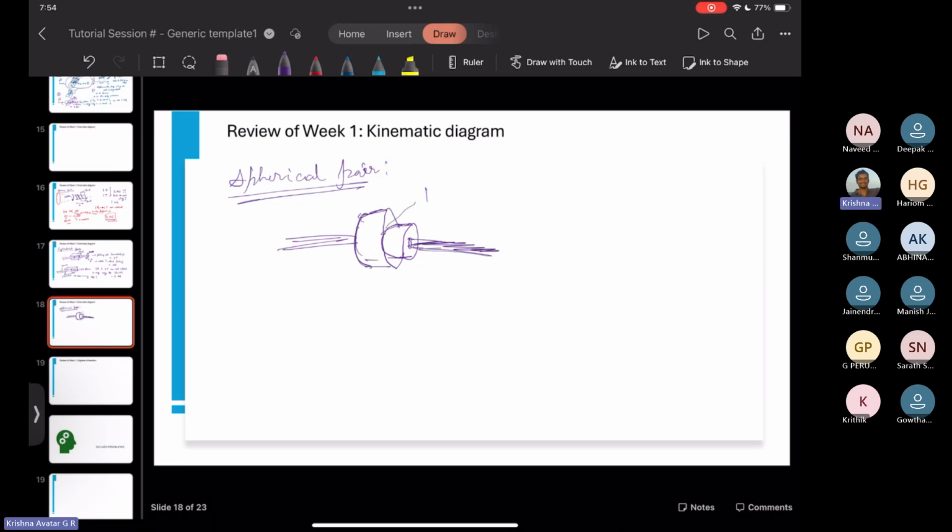So at least there is one point contact, because if there is no point contact, it means they are separated, which means they are not connected. They are just two rigid bodies. So we want it to be in contact. So there is one point contact here. Then only we can say that they are connected. Otherwise, it does not make sense to talk about it. Right?